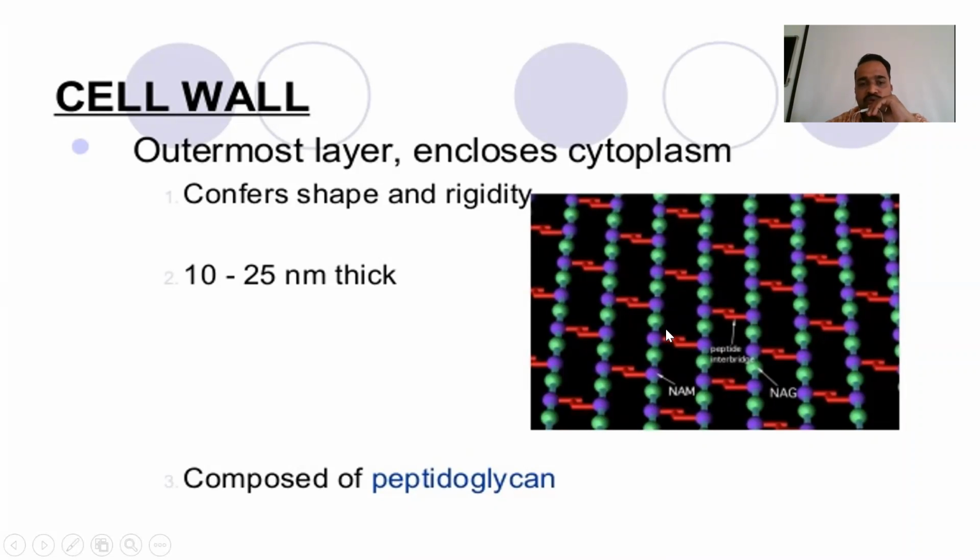It is 10 to 25 nanometers thick and is composed of peptidoglycans and proteins. The red color structure you can see in between shows how it is present between both the cells. This is just for your understanding of how the cell wall looks chemically.